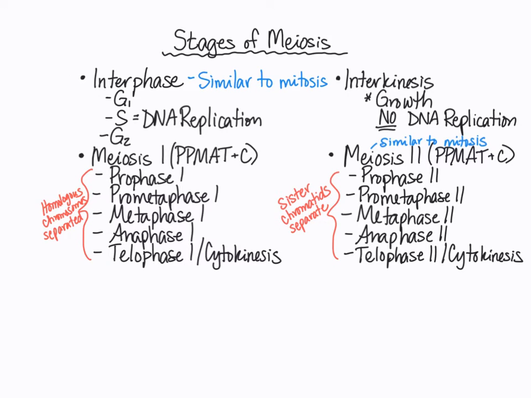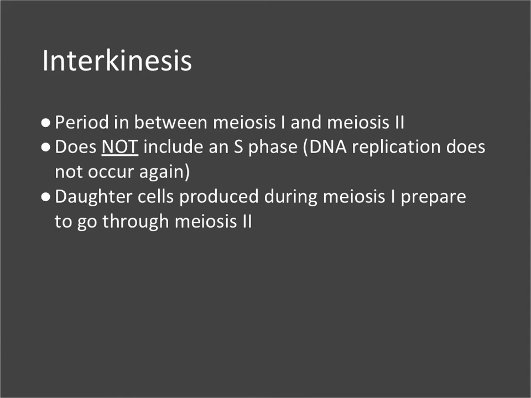Now let's take a closer look at the stages of Meiosis II in more detail to see what happens. As a reminder, interkinesis is this period of time that happens between Meiosis I and Meiosis II. It's similar to interphase, but the key difference is that the S phase does not occur.